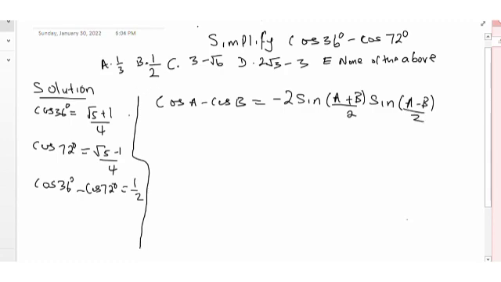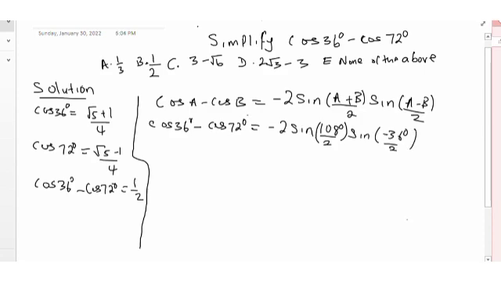So here we simply write cos 36 degrees minus cos 72 degrees as minus 2 sine, of course, A plus B, that would be 108 degrees over 2, and we have times sine A minus B, that would be minus 36 degrees over 2.